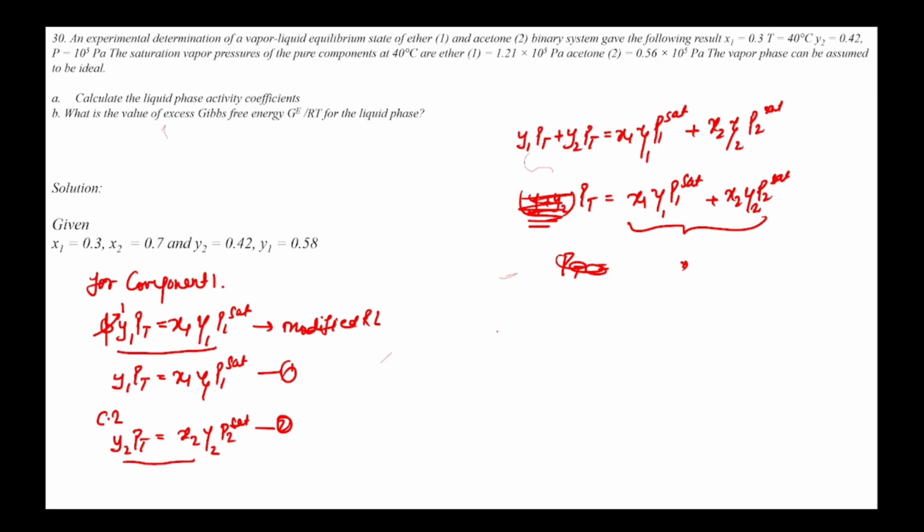So y1 is 0.58, total pressure is 10 to power 5, x1 is 0.3, this we have to find, into 1.21 into 10 to power 5 for component 1, the vapor pressure. So 10 to power 5 and 10 to power 5 will cancel out. I have not written the values, so we need to calculate it.